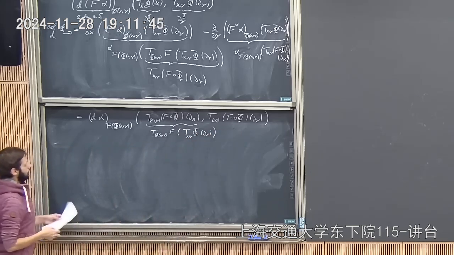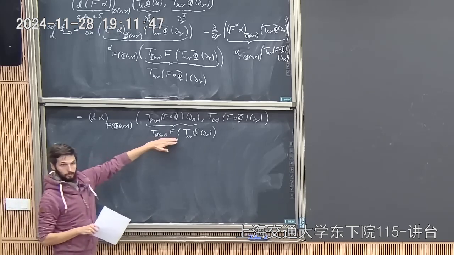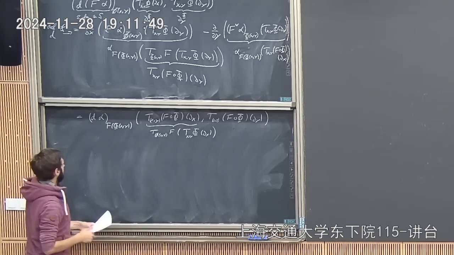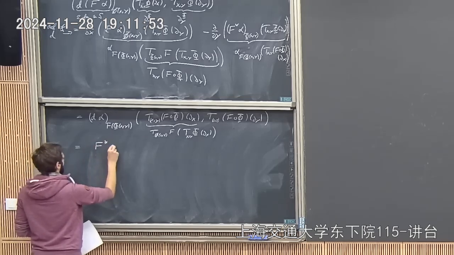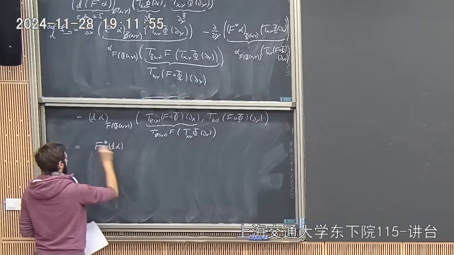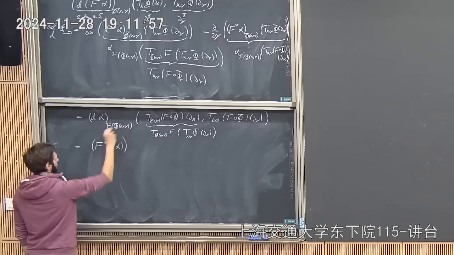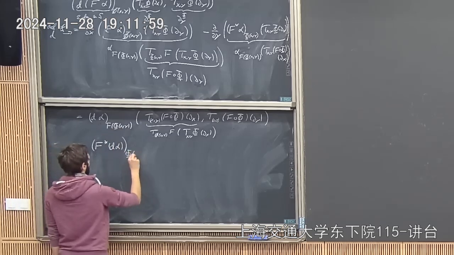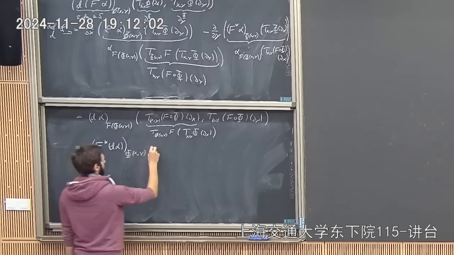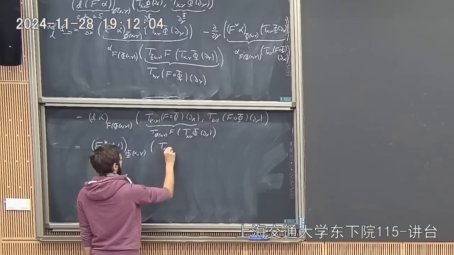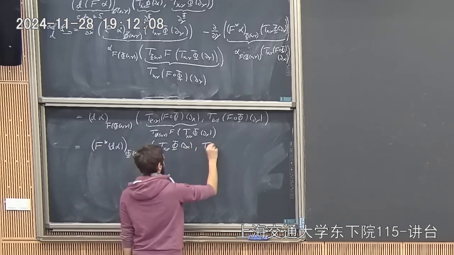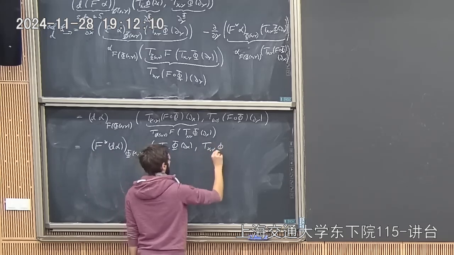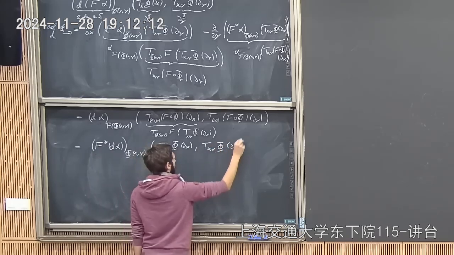And then you see that it's actually now the pullback by f of d alpha. So what we get here is that it's the pullback of f of d alpha, and then evaluated at a point phi of x and y, tx y, dx, tx y, phi, dy.